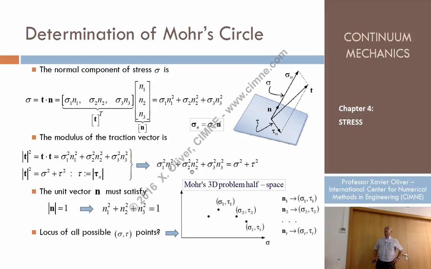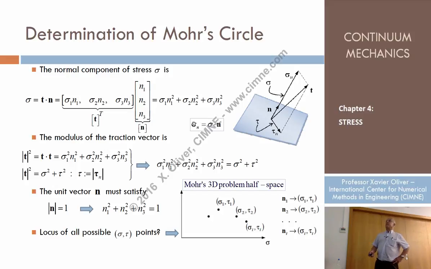So tau square could be computed as that minus this. Okay, so this is the equation to compute tau square. And from tau square, of course, I'm just concerned with the modulus, so just the square root of tau square, positive sign, is this tau understood as the modulus of tau n. So look that according to this, tau is always positive, but sigma can be positive and negative, right?